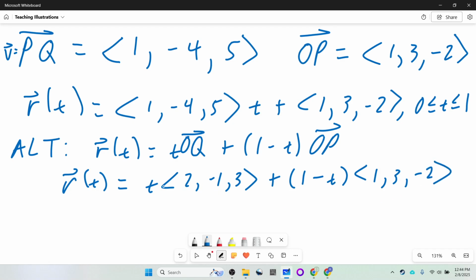And again, you can check that. If I plug in 0 for t, I get <1, 3, -2>. If I plug in 1 for t, this part zeroes out, and I get <2, -1, 3>.